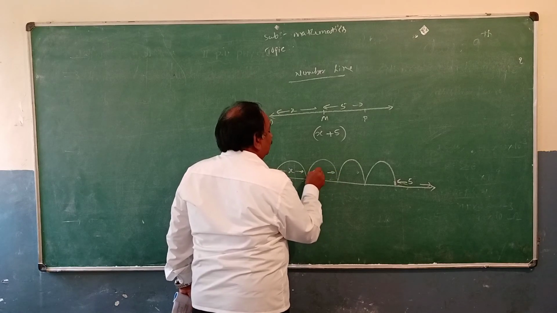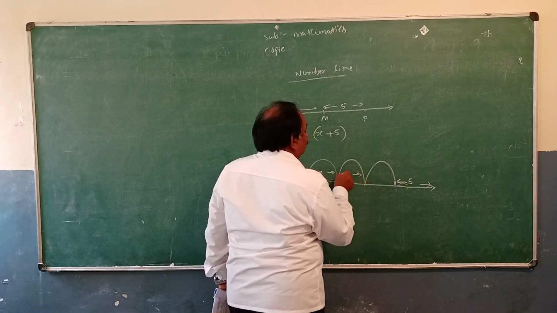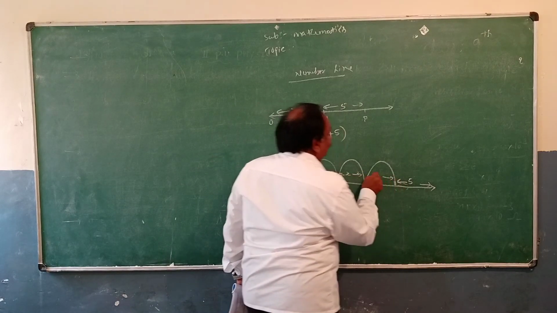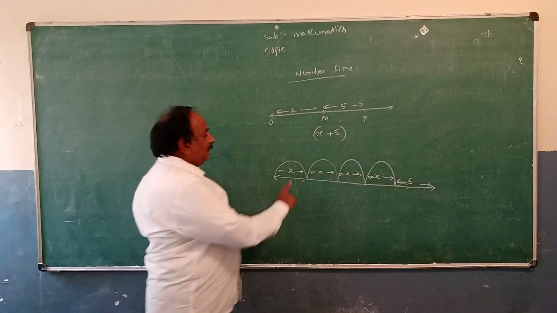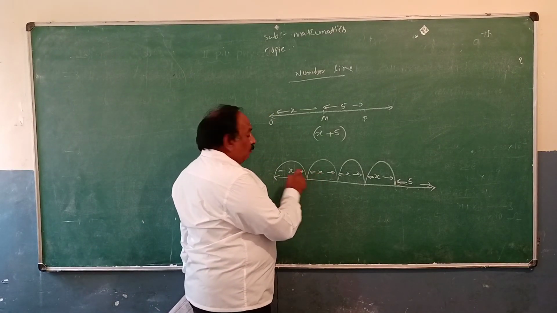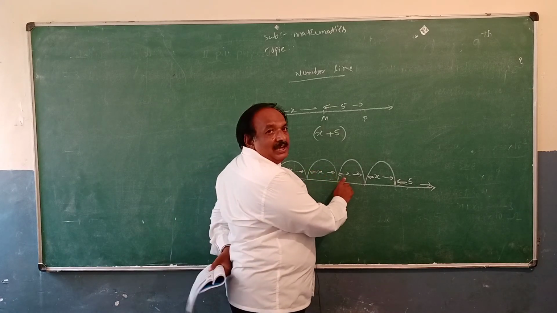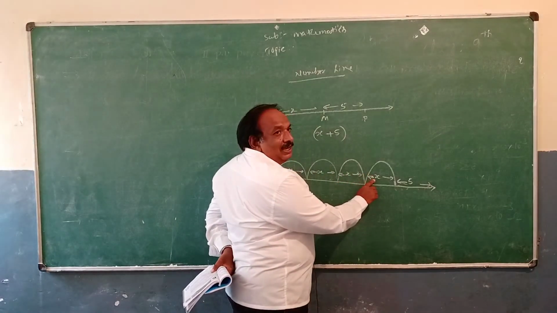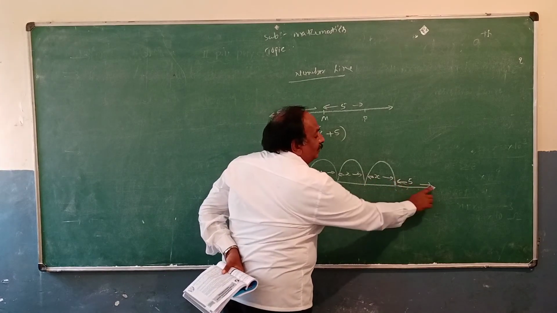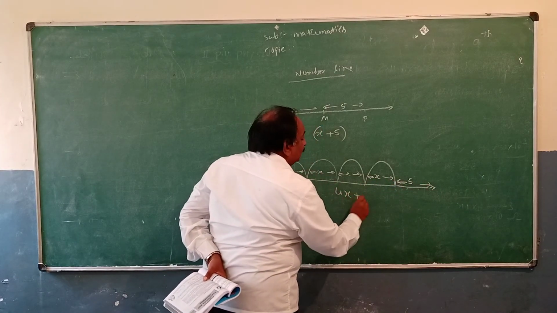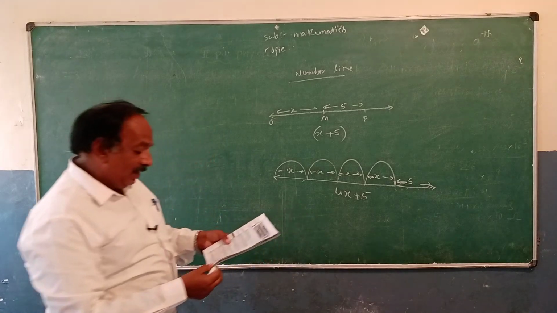This is also distance x, this is also distance x, this is also distance x. This becomes x plus x, 1x plus 1x, 2x. 2x plus 1x, 3x, 3x plus 1x, 4x. What is the measurement here? 5. The total distance is 4x plus 5.